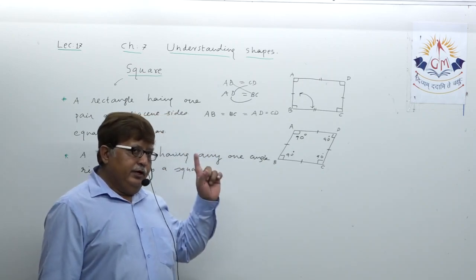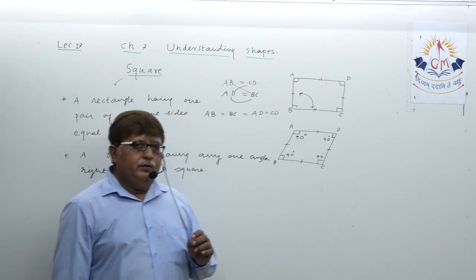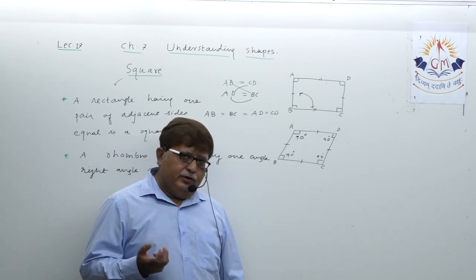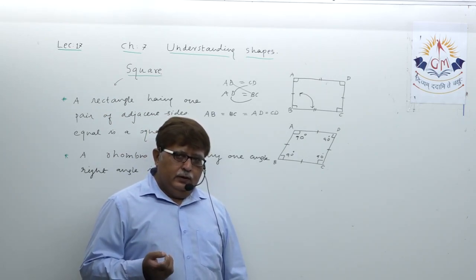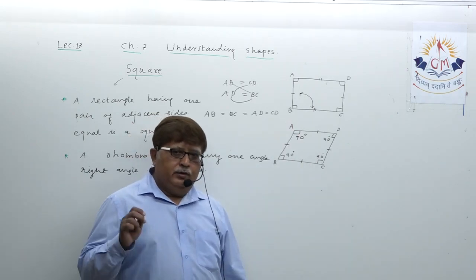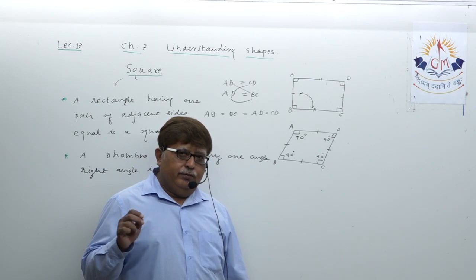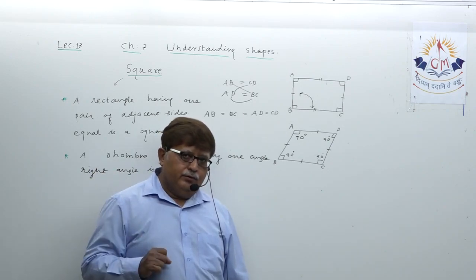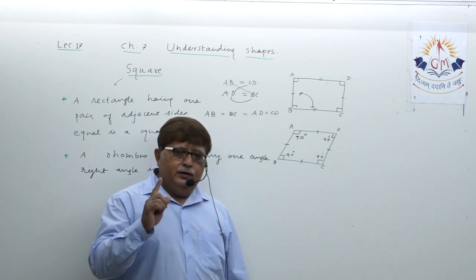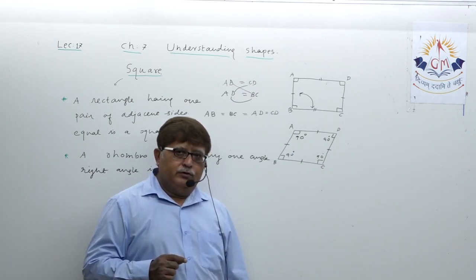Understood? Suppose I ask you one such line or objective in a test, that a rectangle becomes a square when dot dot, and I mention four options. One of the options was correct.